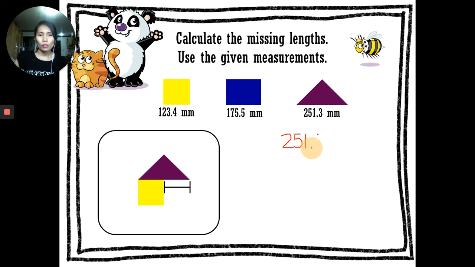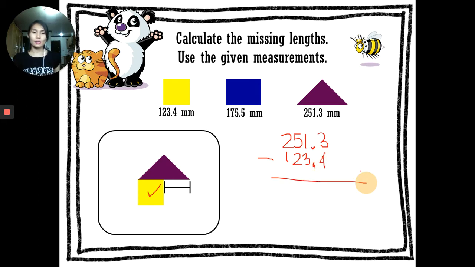Okay, 251.3 millimeters minus the square, 123.4. Look at the decimal points. They are lined up.